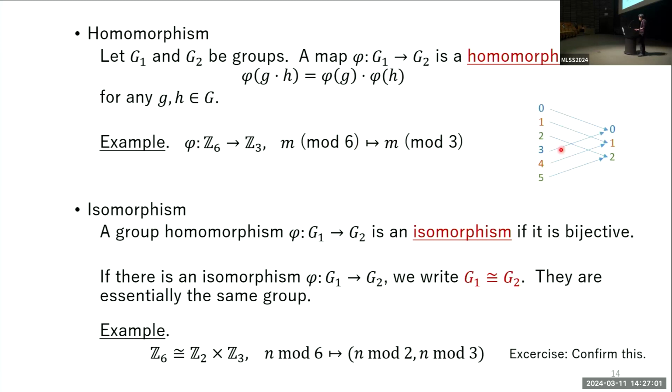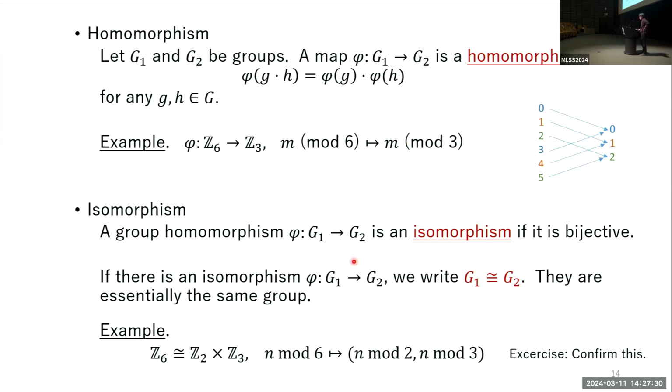So 3 is mapped to 0, because in modulo 3, the integer 3 becomes 0, and 4 becomes 1, and 5 becomes 2. And this is actually a homomorphism, keeping the group operation. In this case, that's just addition.